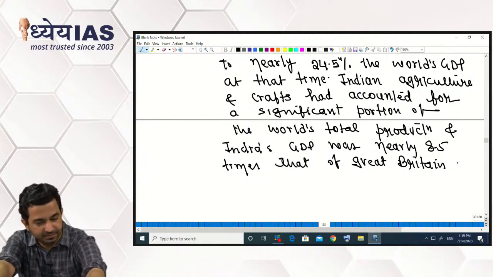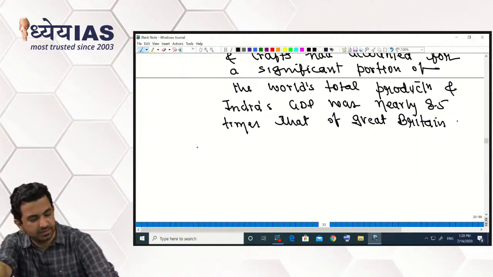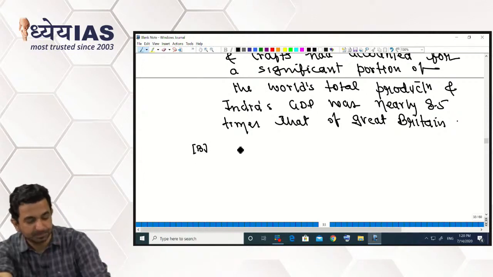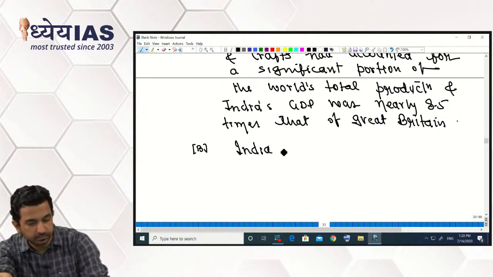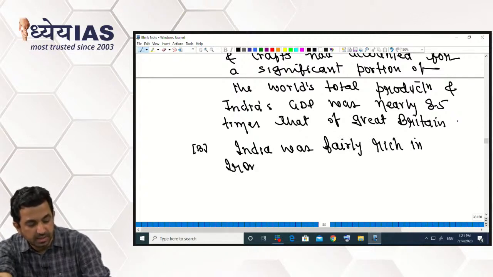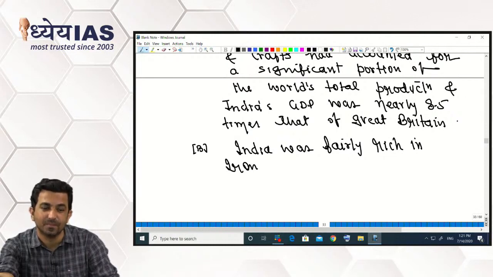Point number 1, and next one, capital B. India was fairly rich in iron. Even today, India is rich in iron, and Indian iron ore is one of the best quality iron ore. India is a leading producer of iron and steel.